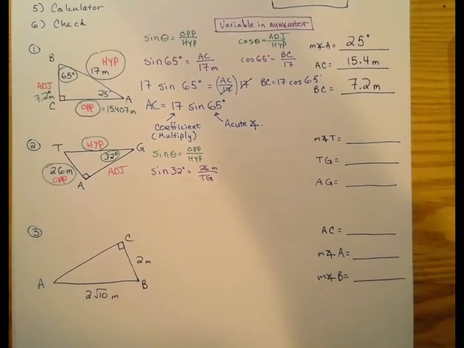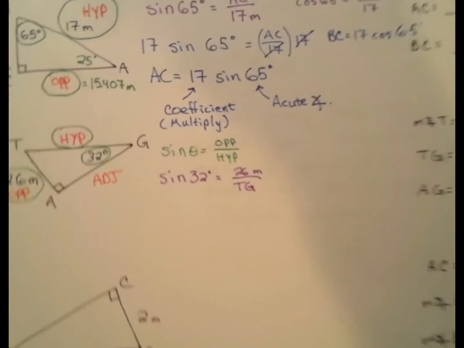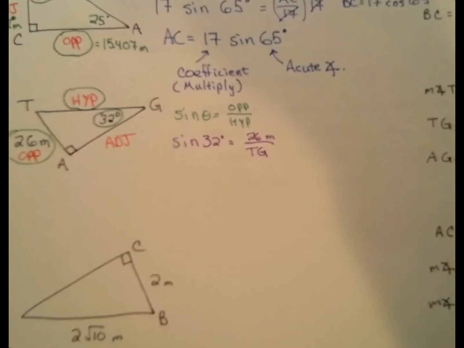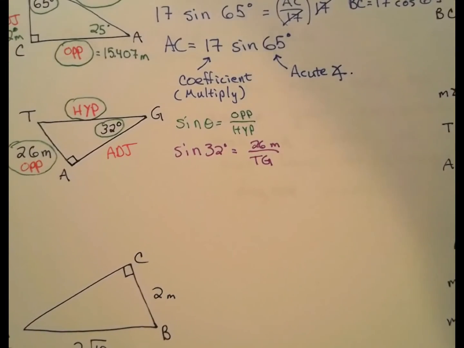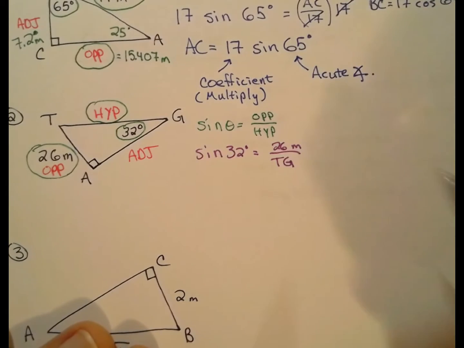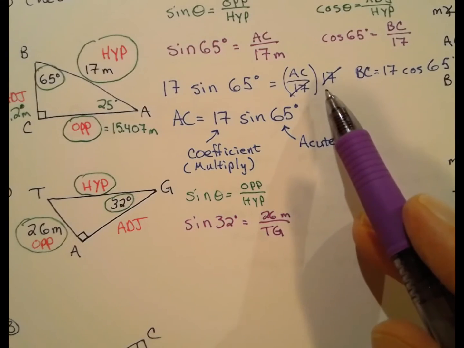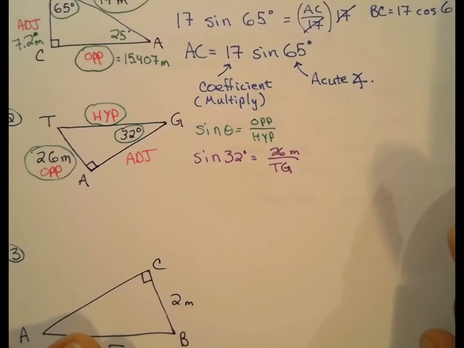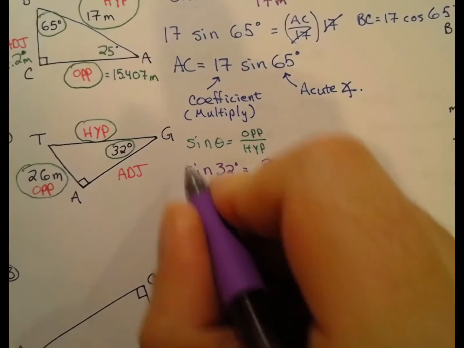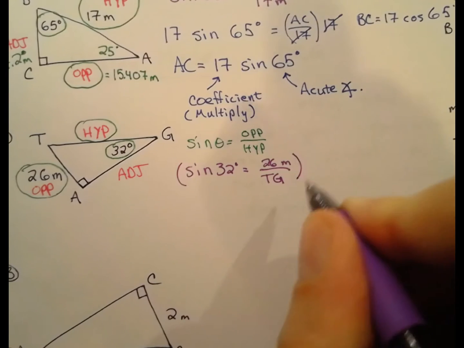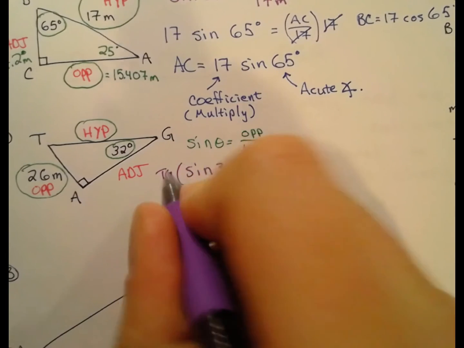And now we have 2 steps of algebra to get TG by itself. The first step is just like what we did before, multiply both sides by the denominator to get rid of the fraction. And we're going to do that here as well. We're going to multiply both sides of this equation by TG.